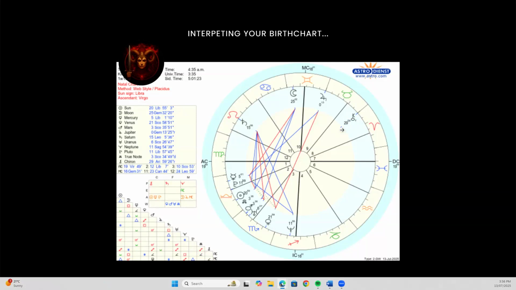So we can do this literally just by using our eye. And one of the easiest ones to look at is what is opposite. What is opposite Chiron? Okay. And so when we look opposite Chiron, we can see here that there are a few different things sitting there and seem to be opposite. And this will also be significant.